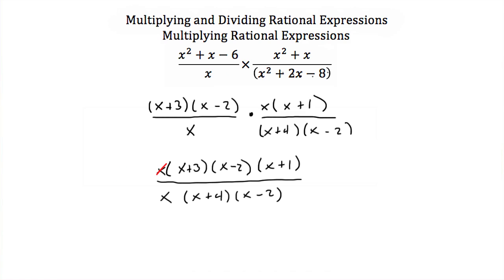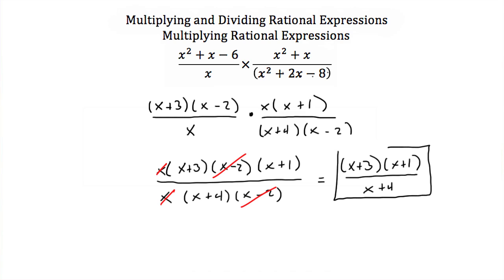Now these x's will cancel. This x minus 2 will cancel. And we're left with x plus 3 times x plus 1 over x plus 4. So this would be our solution if we were to multiply these two rational expressions together.